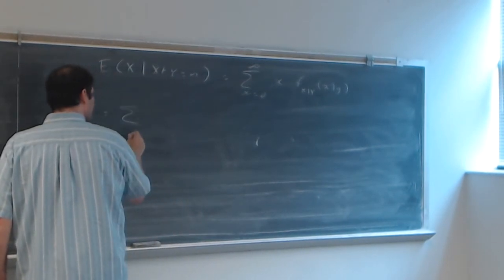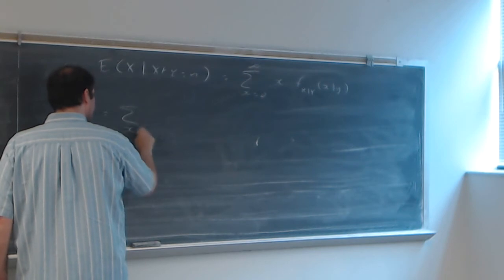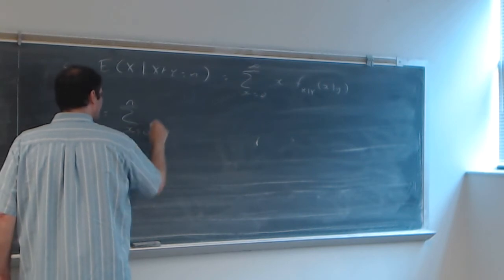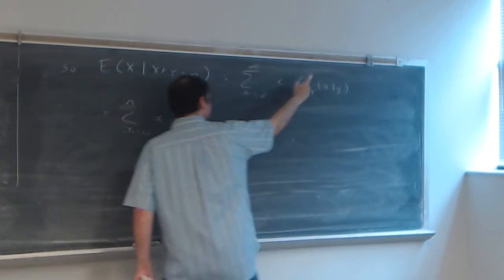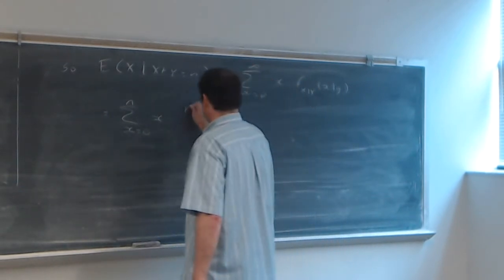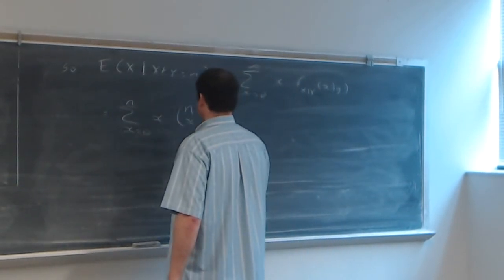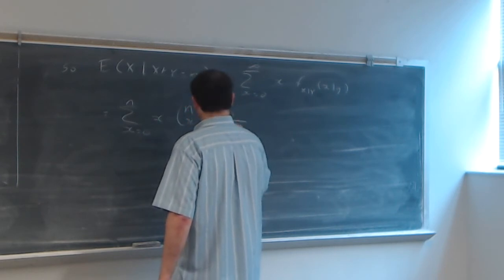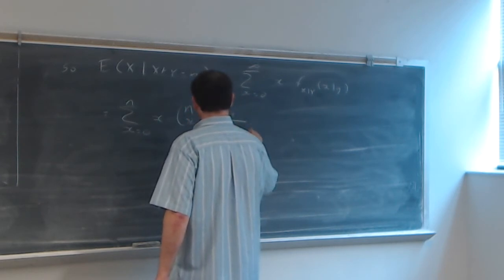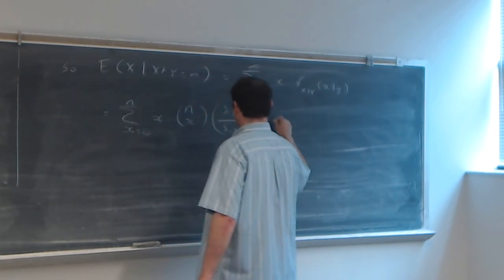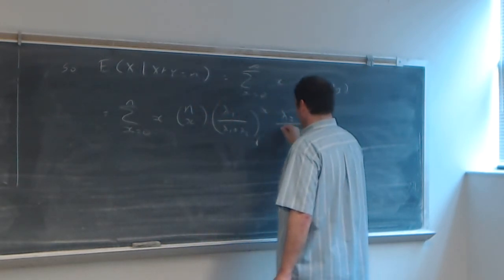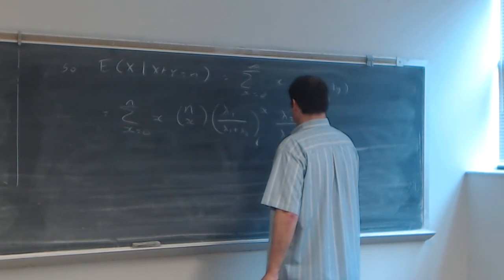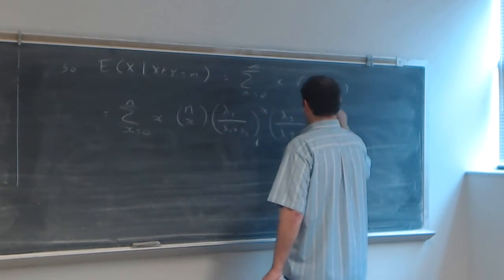This sum would be from x running from 0 to n of x, and in this case, this quantity we know is n choose x, and then lambda 1 over lambda 1 plus lambda 2 raised to x, and then lambda 2 over lambda 1 plus lambda 2 raised to the n minus x.